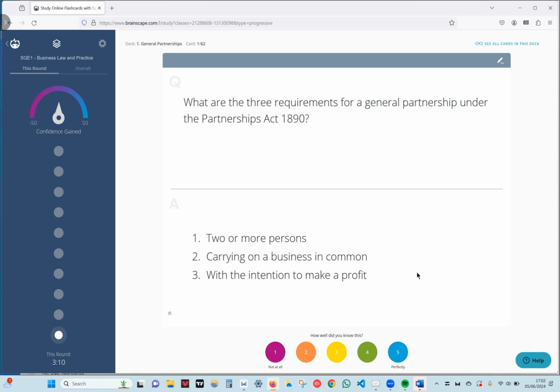So the flashcards are designed to examine the rule and then aspects of the rules that could be used to trip you up. As with carrying on business in common, you would need to know what the definition of business is on the facts to be able to determine whether or not it is present. And then with the intention to make a profit, they could have a fact pattern that says they didn't intend to make a profit.